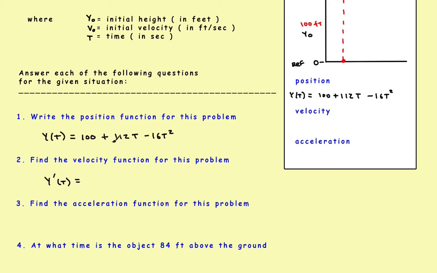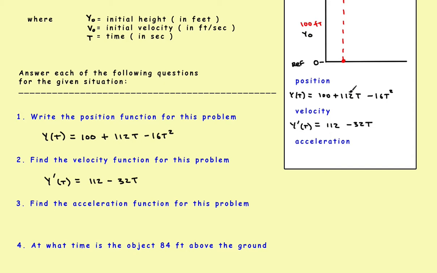Just use the power rule: the derivative of a constant is 0, 112t turns into 112, and the derivative of 16t squared is 32t. This is a function that will give you the object's velocity at any time. So y prime of t is 112 minus 32t.